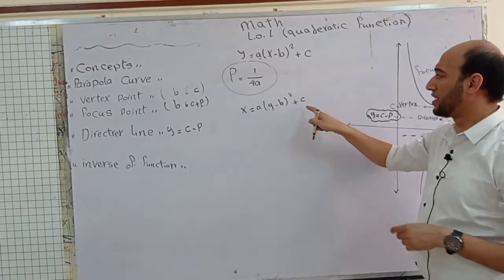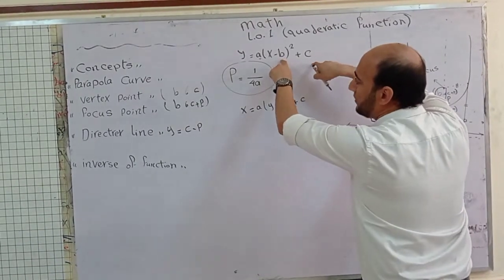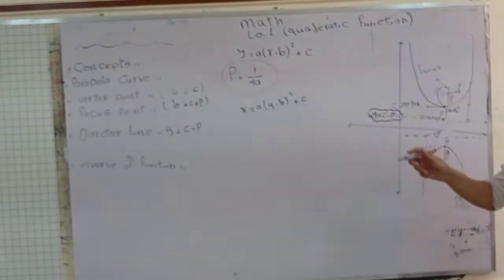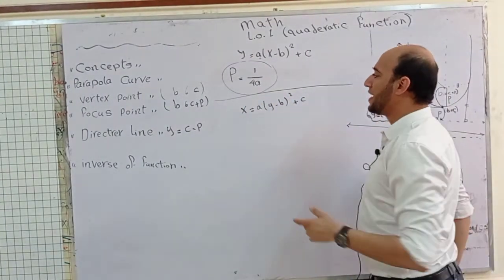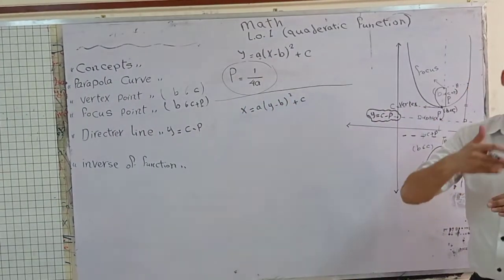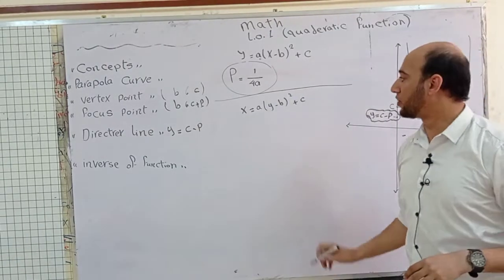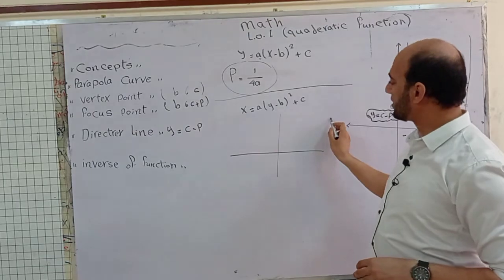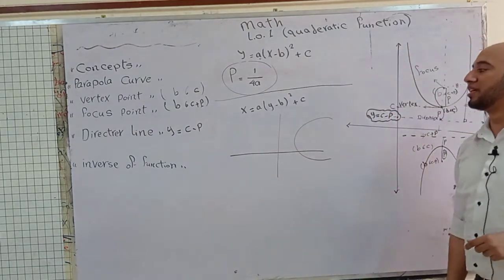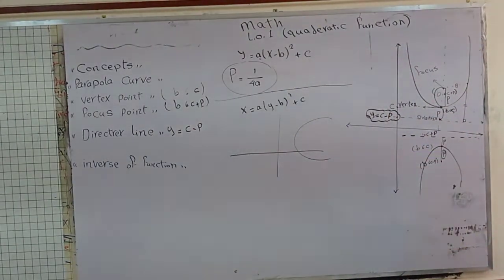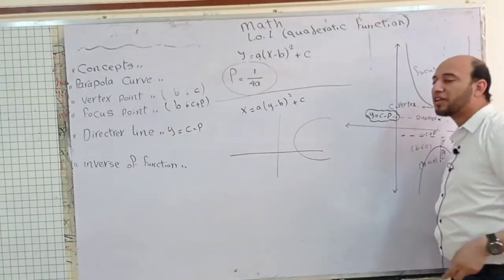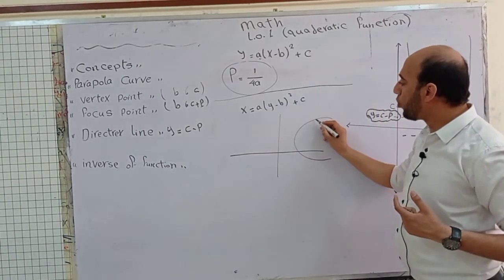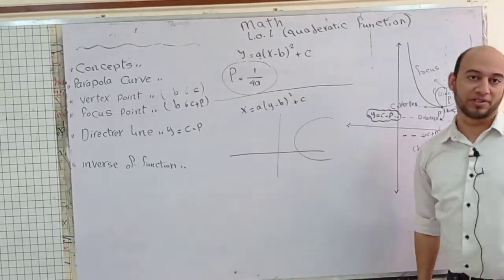But with other numbers, if we inversed it, these numbers will be different. I suppose we have a new equation, and this equation is an inverse for the quadratic function. Its shape will be like this. This inverse is not a function. It's not a function because the vertical line will cut it in 2 points.